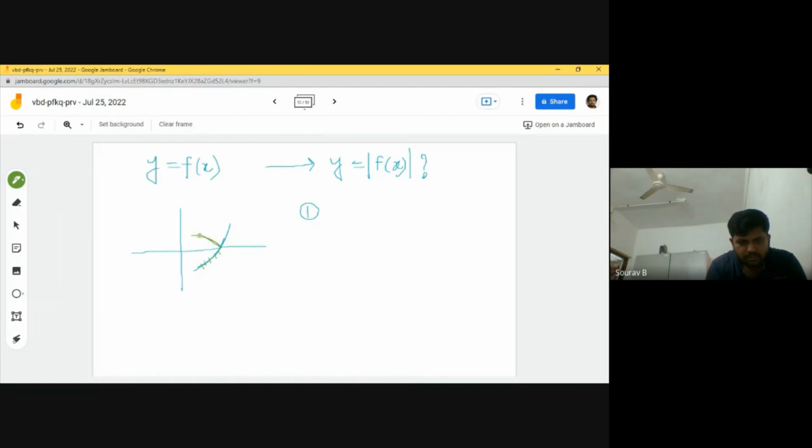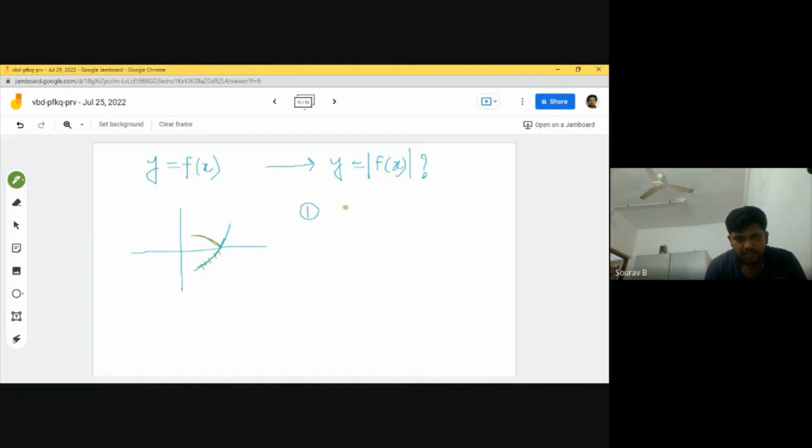So if we combine this image and the leftover which was not cut, then we get our y equal to mod f(x).